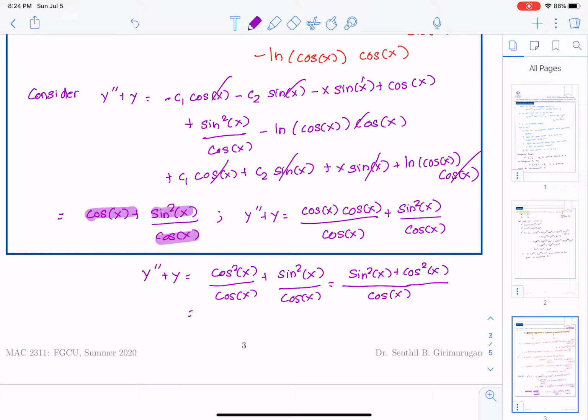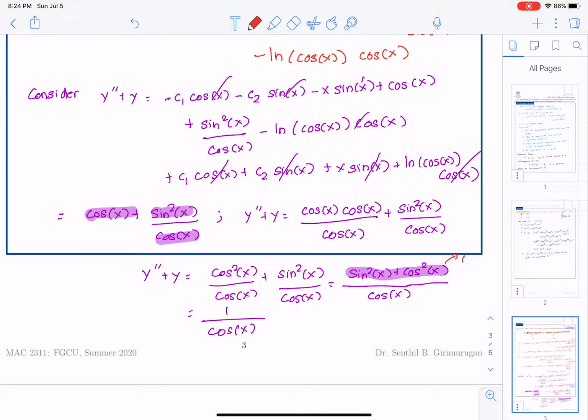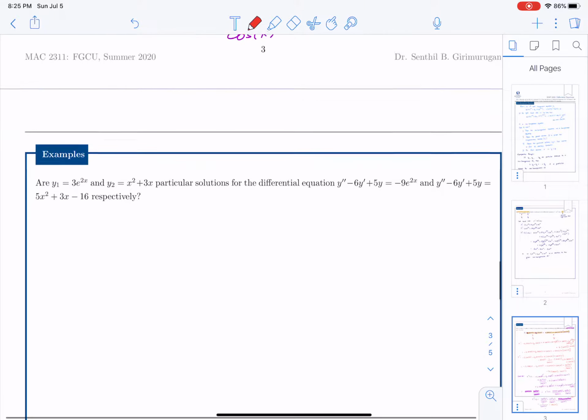And if I add those two, we have 1 over cosine x. The trigonometric identity is sine squared x plus cosine squared x is 1. So that would just reduce to secant x. So 1 over cosine x is secant x. So the given solution is in fact a family of solutions for the differential equation.